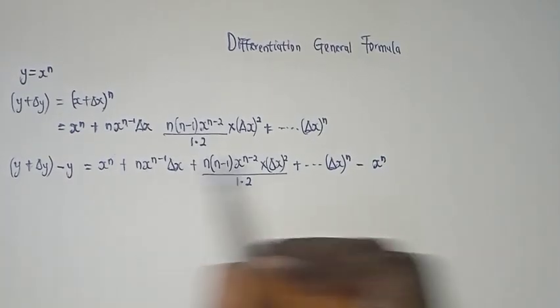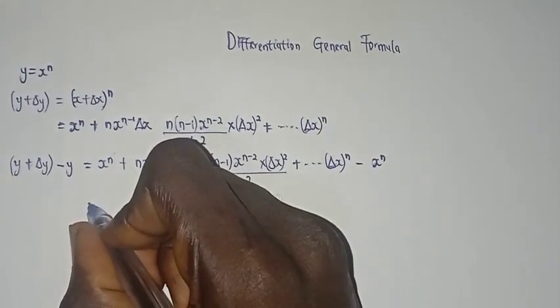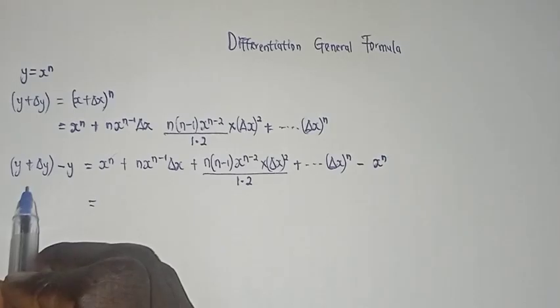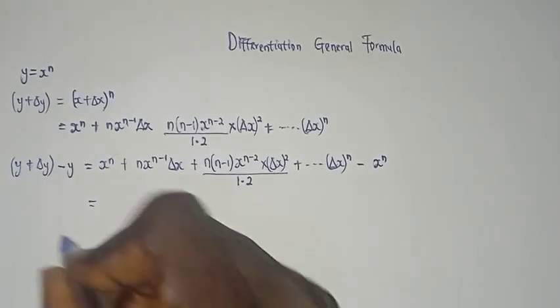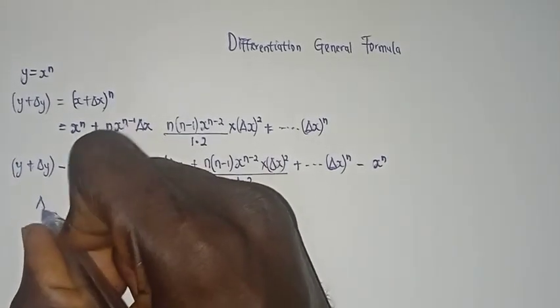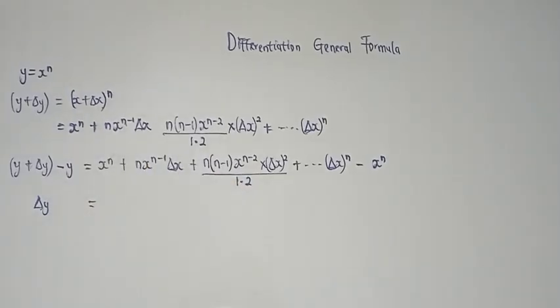So this will cancel out this, and then we'll have this left. For our left hand side, y will cancel out y, and we'll have just delta y, right?